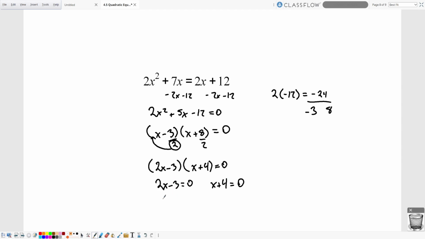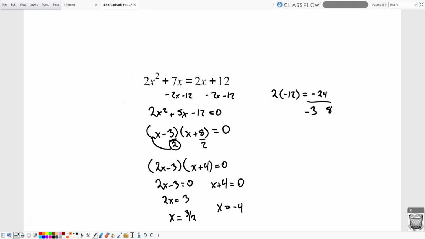Over here you would add 3, and you get 2x is equal to 3, divide by 2, and you get x is equal to 3 halves. This one, you're just going to subtract 4 and get x is equal to negative 4. So your roots, or your x-intercepts, would be 3 halves and a negative 4.